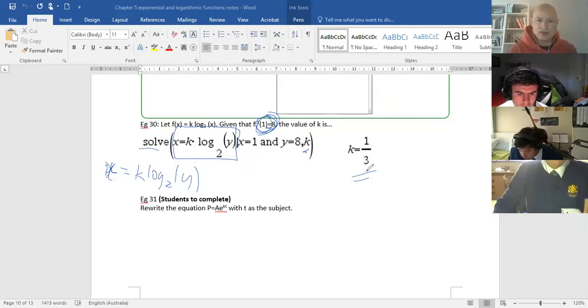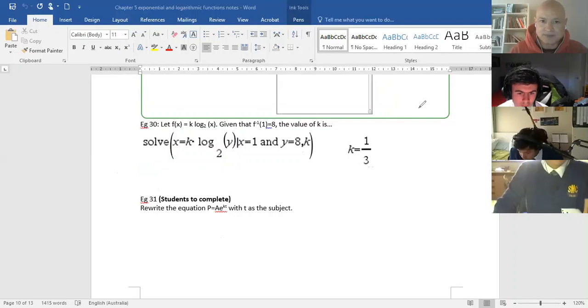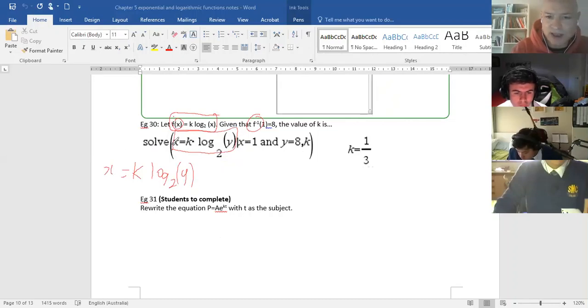So let me rub that out and go through it again, just for those of you who need it. Okay, and it's a hard thing. Because we have to find the inverse, I am finding the inverse of this. So instead of y, I've got x equals k log 2 of y, which is that part there. That is the inverse, not rearranged.